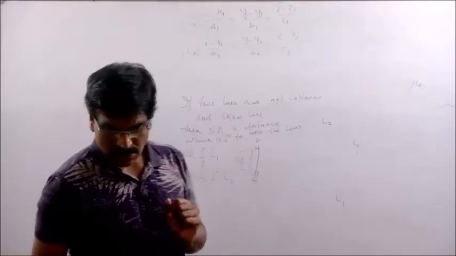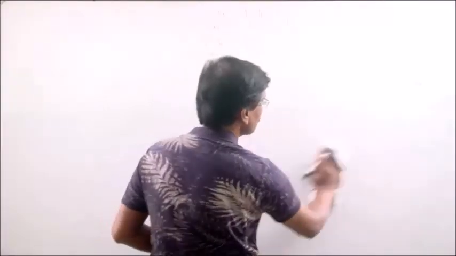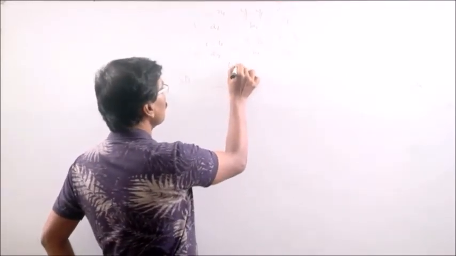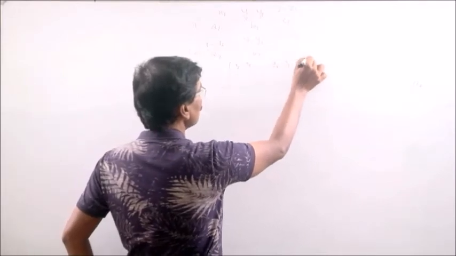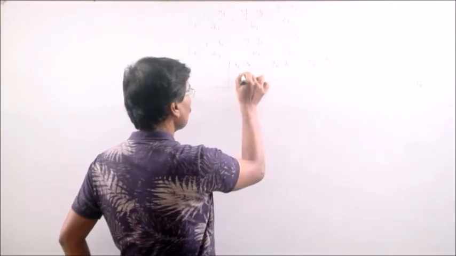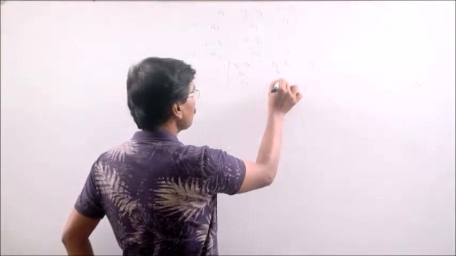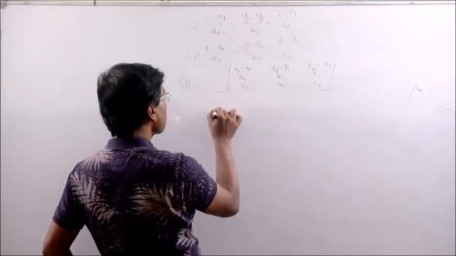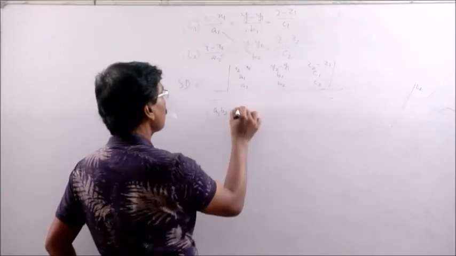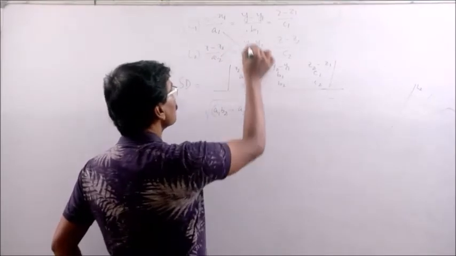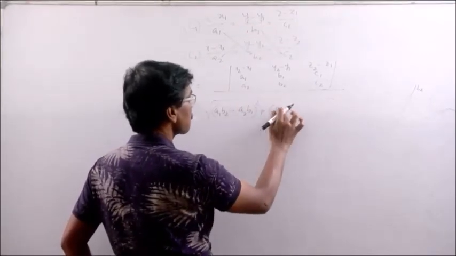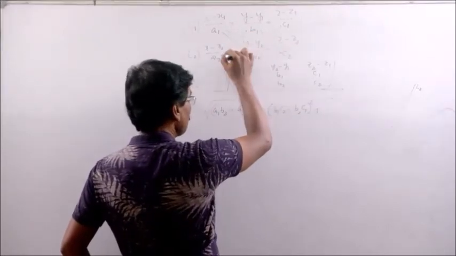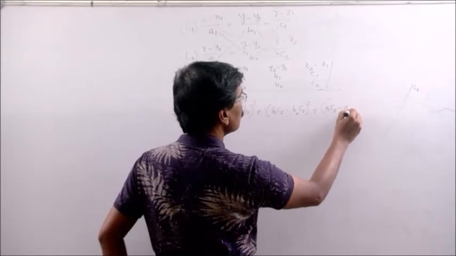Now, the shortest distance between them is the determinant x2 minus x1, y2 minus y1, z2 minus z1, a1, b1, c1, a2, b2, c2, divided by the root of (a1 b2 minus a2 b1) whole square plus (b1 c2 minus b2 c1) whole square plus (a1 c2 minus a2 c1) whole square.